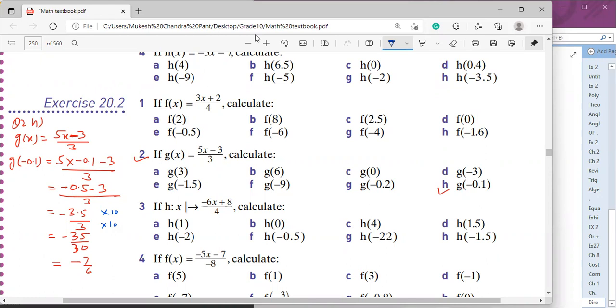There is the inverse of the function; we know what the inverse function is, and we will substitute the value. So around 20 minutes. I hope everybody will join, because 20 minutes is not so big a time. You can take this much from your day. Okay, guys.